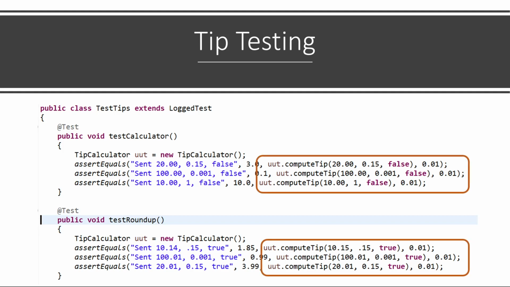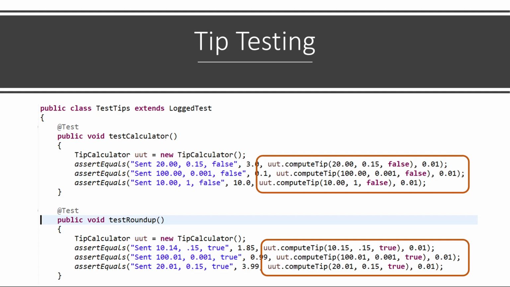And so if you look at it, the way I'm testing this is I'm calling compute tip with false on the third parameter all the time, and then I'm calling compute tip with true in the third parameter all the time. Now, this could be a case where design-wise, you could say, well, instead of having a false true, maybe what you should do is have a second method. And there's actually some legitimacy to that complaint for design, depending on the logic inside of the method.